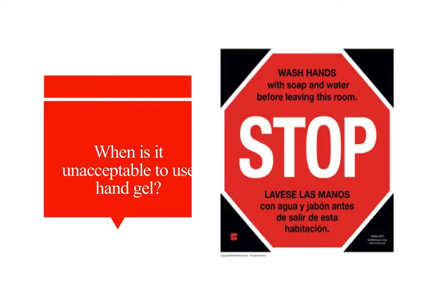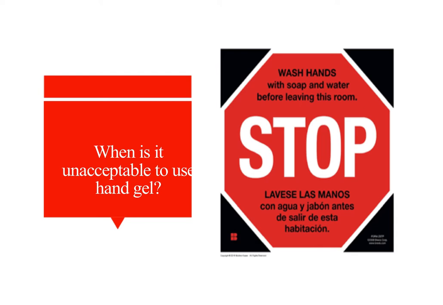All right, we're going to talk about something here. I just talked about C. diff, and I talked about washing our hands before and after we leave a patient's room. Now, we all know that we can use hand gel, right, to sanitize our hands. In phlebotomy, this is important to know.